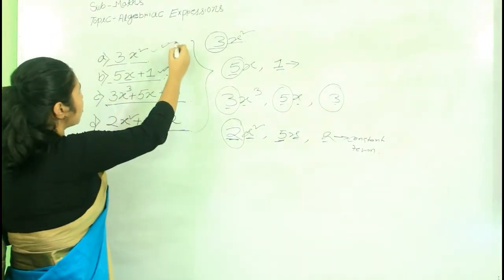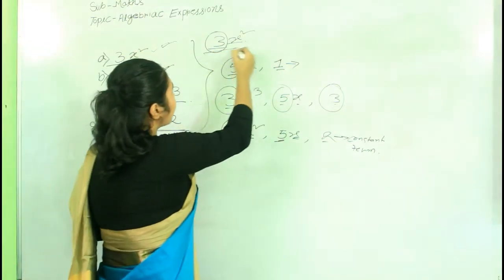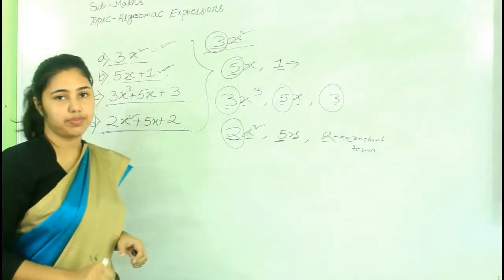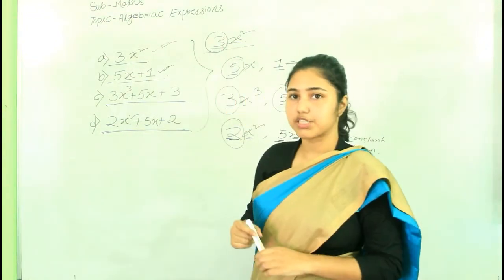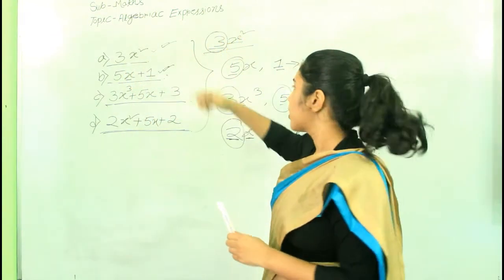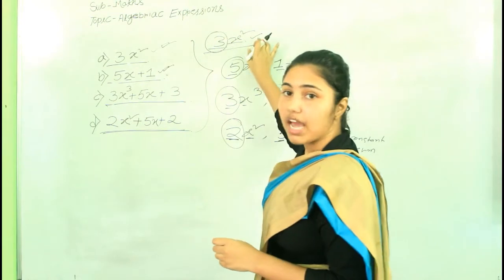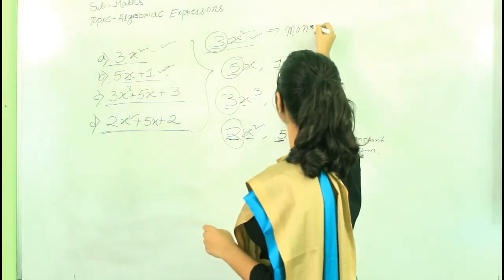Now look at the first expression. Here we have only one term. So those algebraic expressions which have only one term are known as monomials.